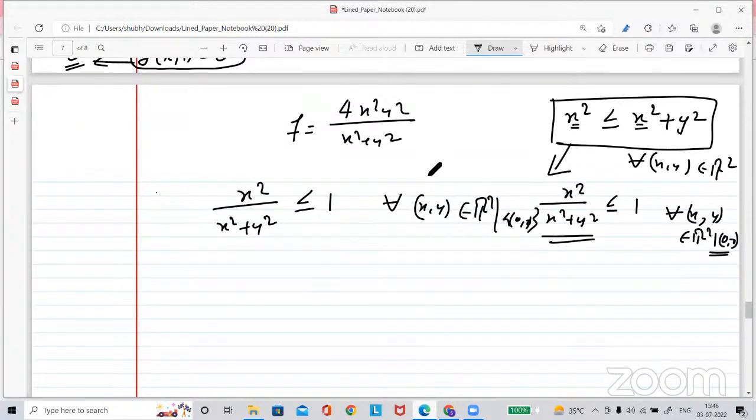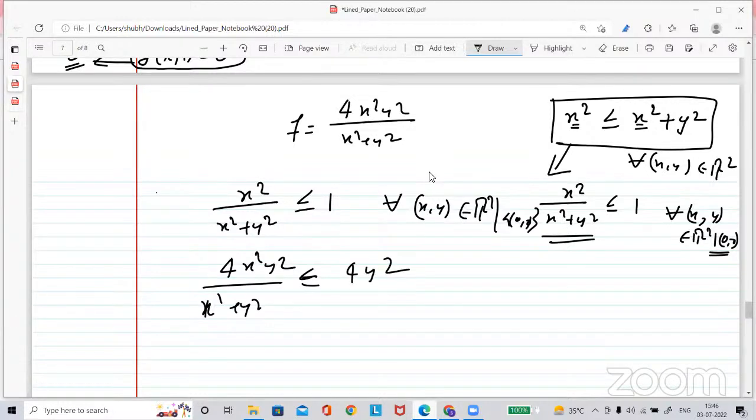Now let me write the step. What I can do is multiply both sides by 4y square. So I multiplied both sides by 4y square.